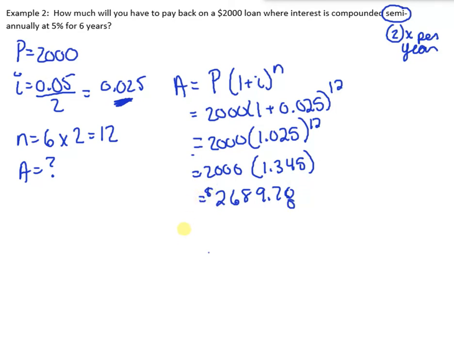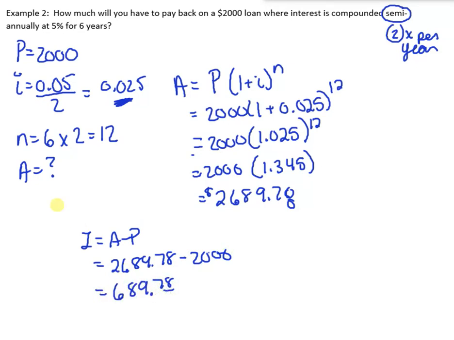Okay, so at the end of the loan, the person has to pay back $2,689.28. Or if you want to just calculate the interest, so the amount minus the principal, we're going to get $2,689.78 minus the $2,000 original. So $689.78. But the question says how much will you have to pay back?